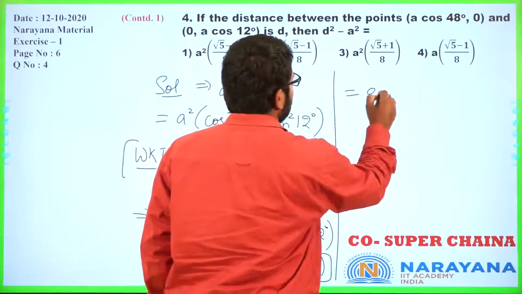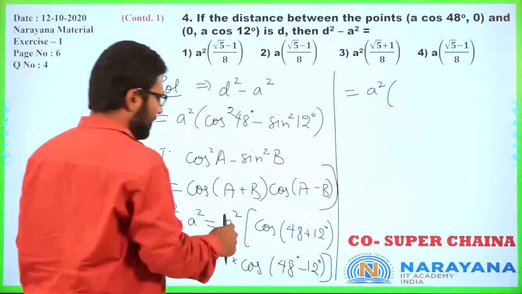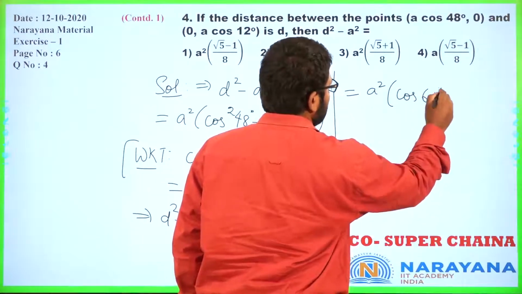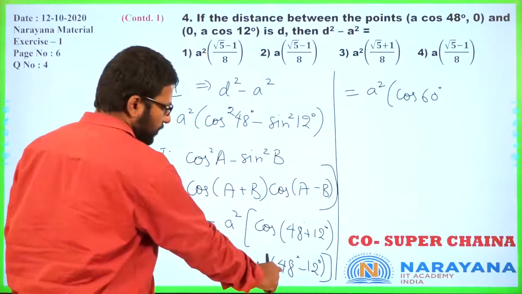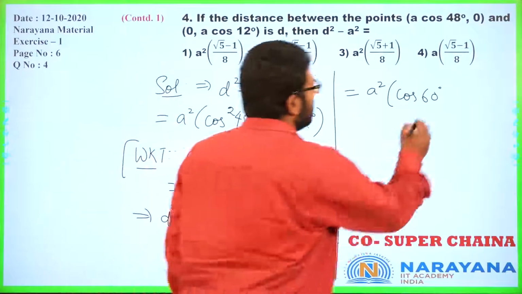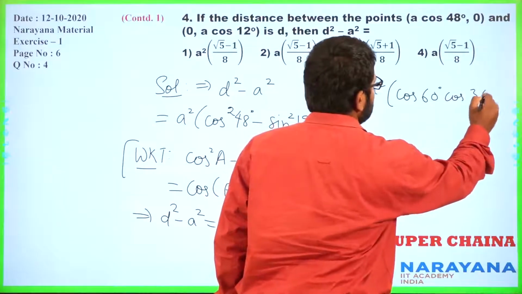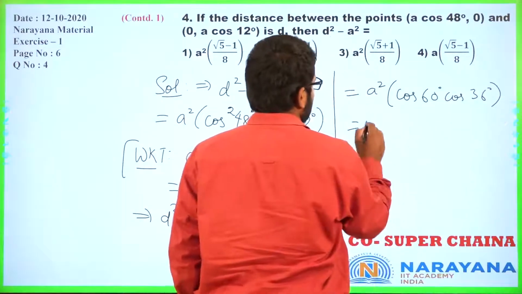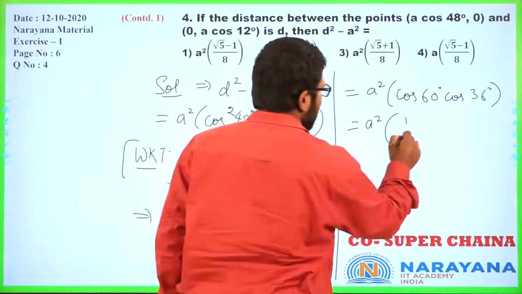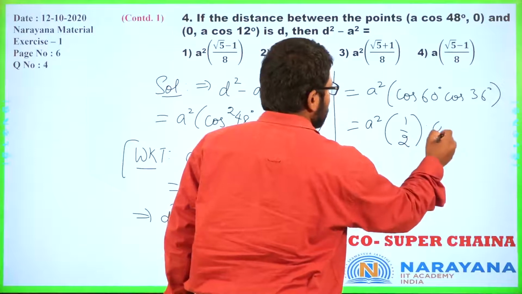So that is A square into cos of 60 degrees, and 48 degrees minus 12 degrees is 36 degrees, cos 36 degrees. Now, cos 60 degrees is something that you are well aware of. This is half into cos 36 degrees.